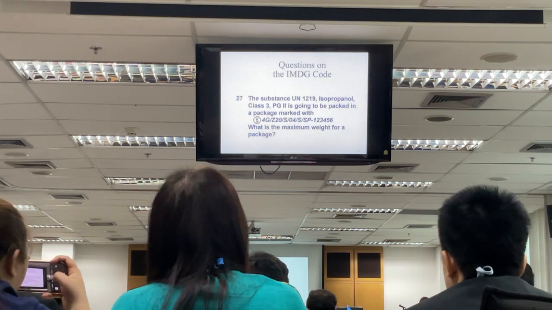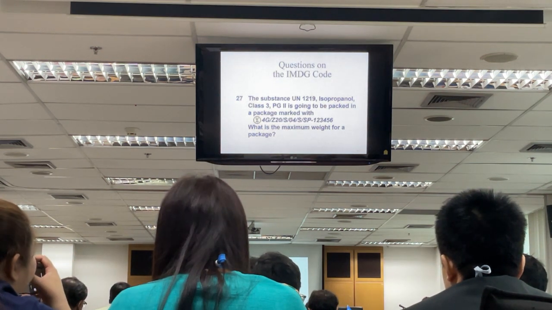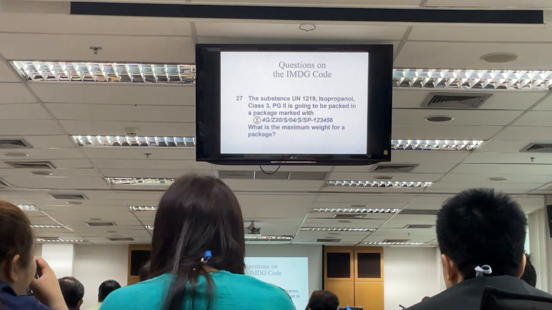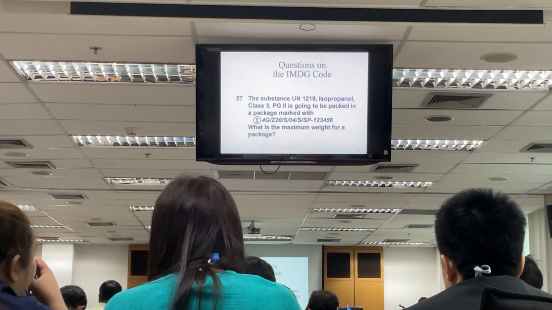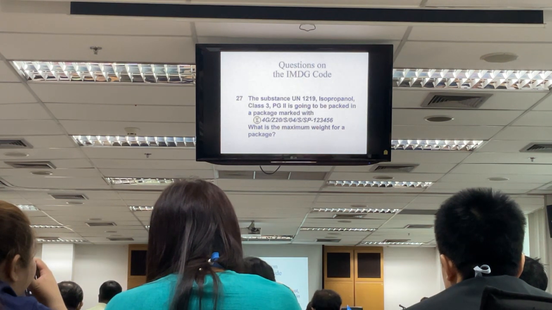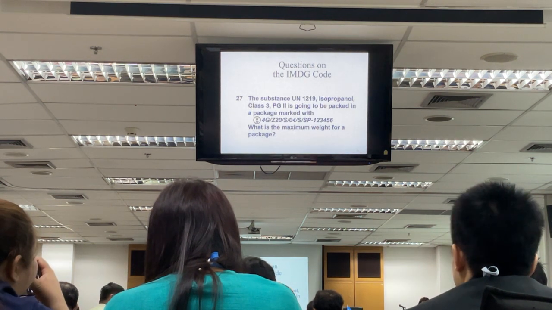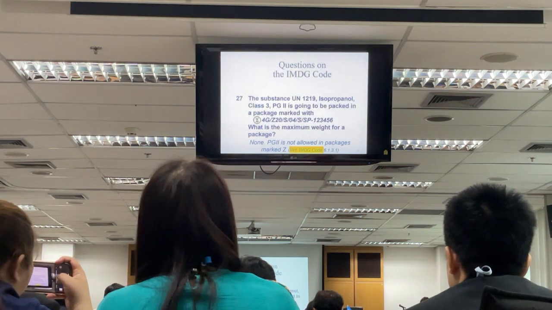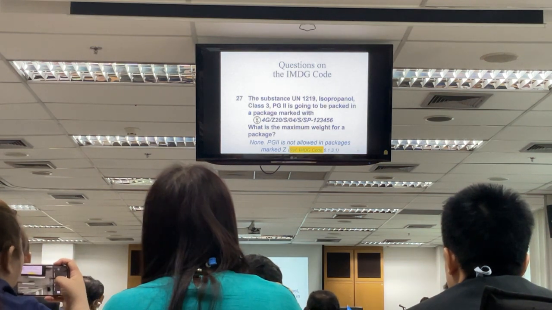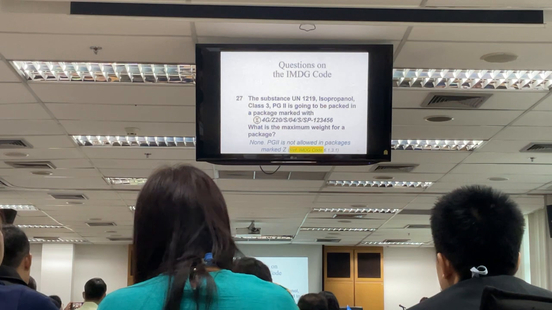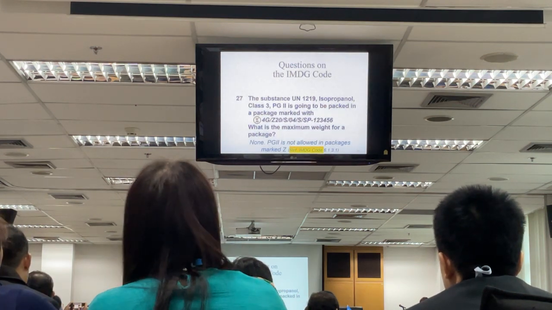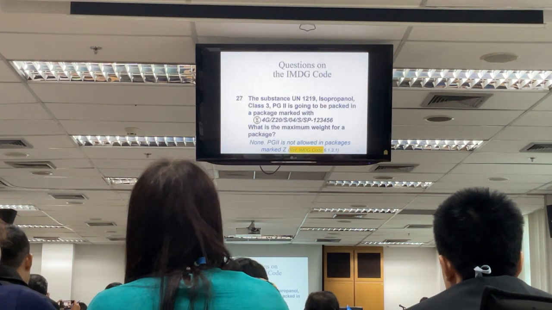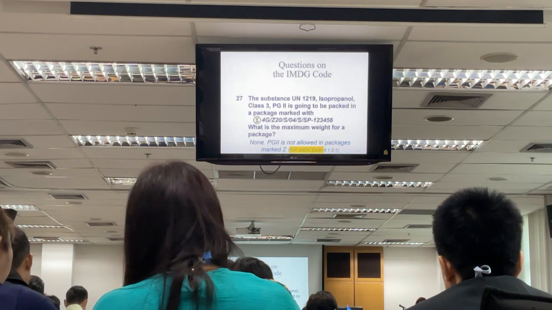And this is how it's a liaison between the sender and the receiver. If there is something wrong, they can just question it and may not accept it. PG2 is not allowed in packages marked Z. Reference IMDG code 6.1.3.1, paragraph 6.1.3.1.